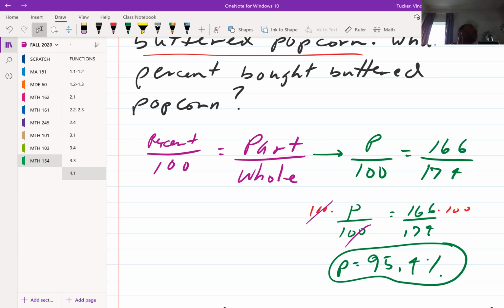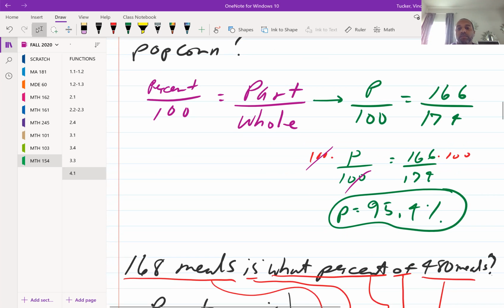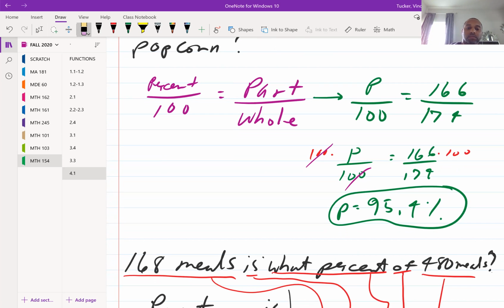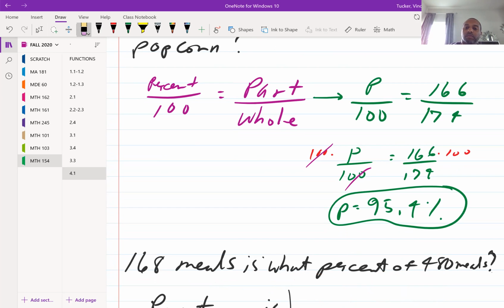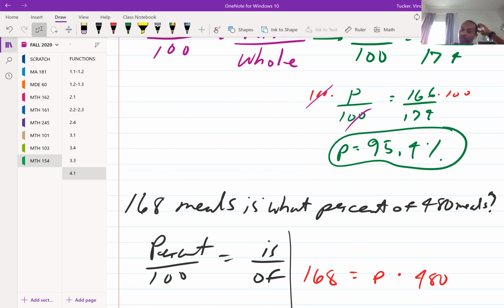Any questions? All right. So the next one, 168 meals. It says, okay, 168 meals is what percent of 480 meals?